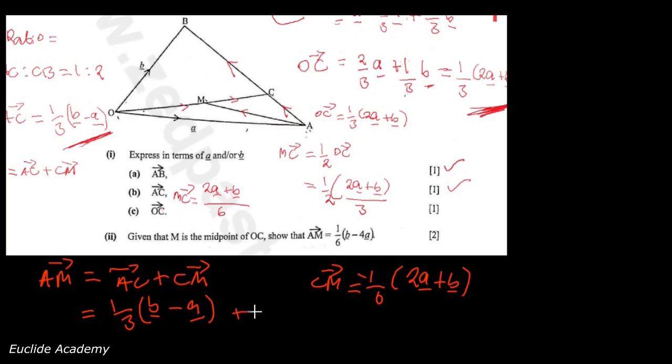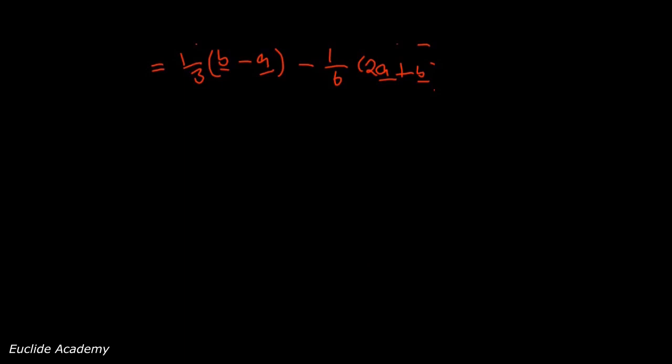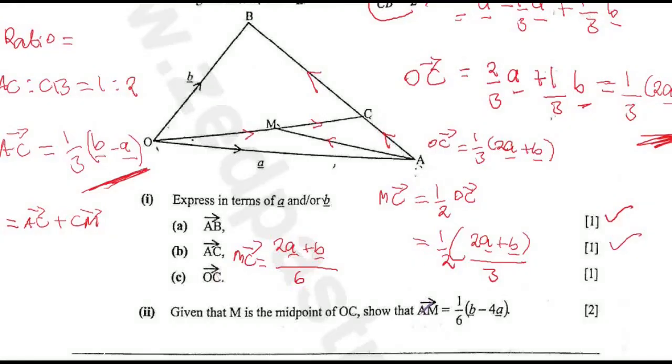It becomes a minus, because positive times negative is negative, so it's negative 1 over 6 times (2a + b). Let us go to another screen and see what this vector AM is going to give us, because the question said let us show that the vector AM is equal to this.